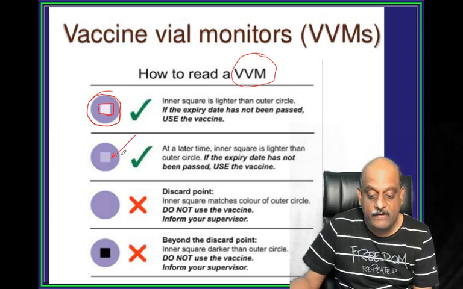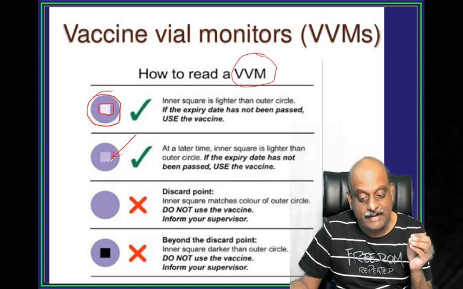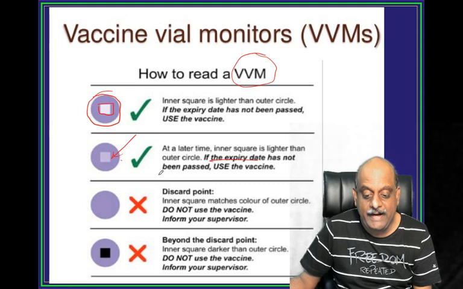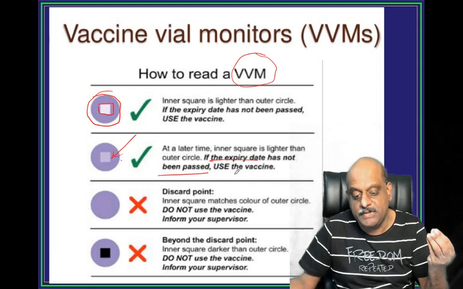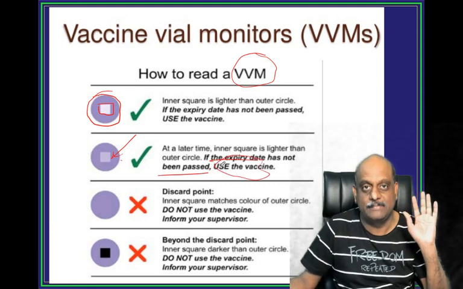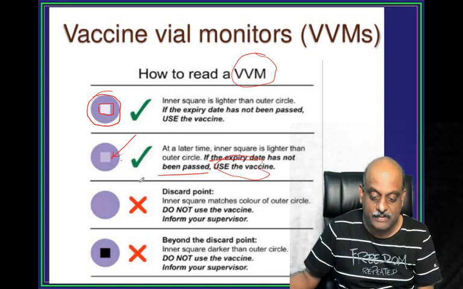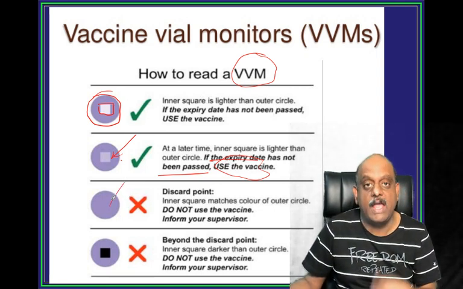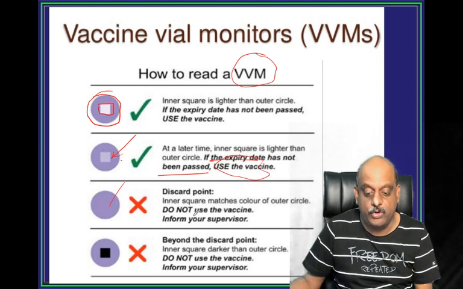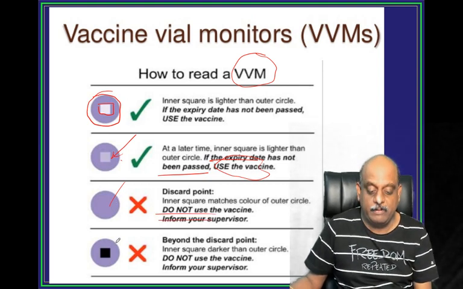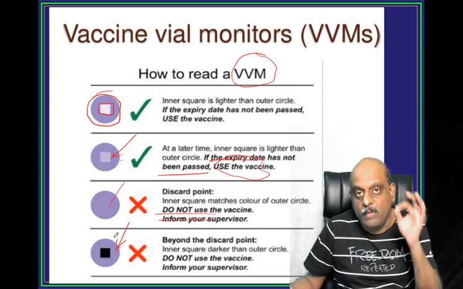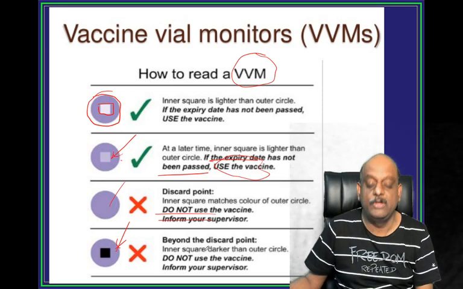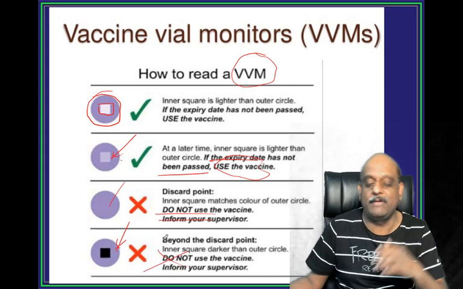If the inner square is lighter than the outer circle, and the expiry date has not passed, then use the vaccine. Then, if the inner square is the same color as the outer square, don't use it; inform the supervisor. If the inner square is darker than the outer circle, also do not use it; inform the supervisor.